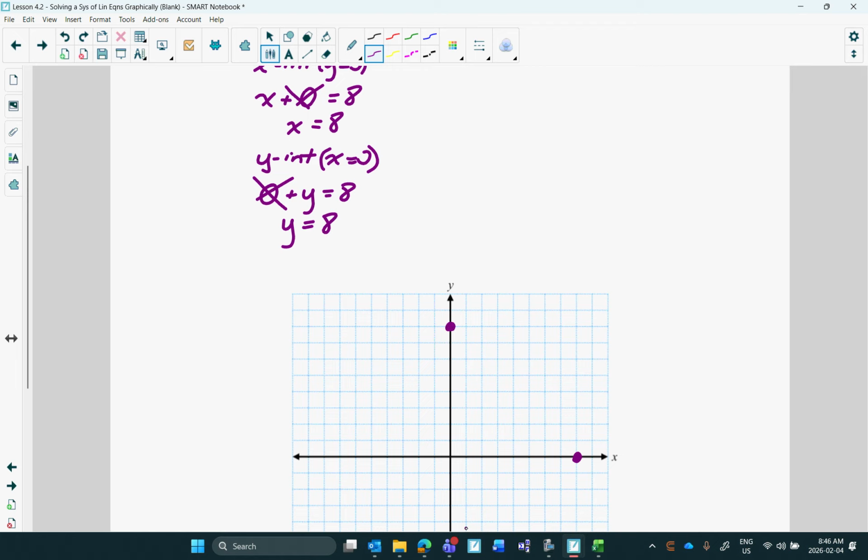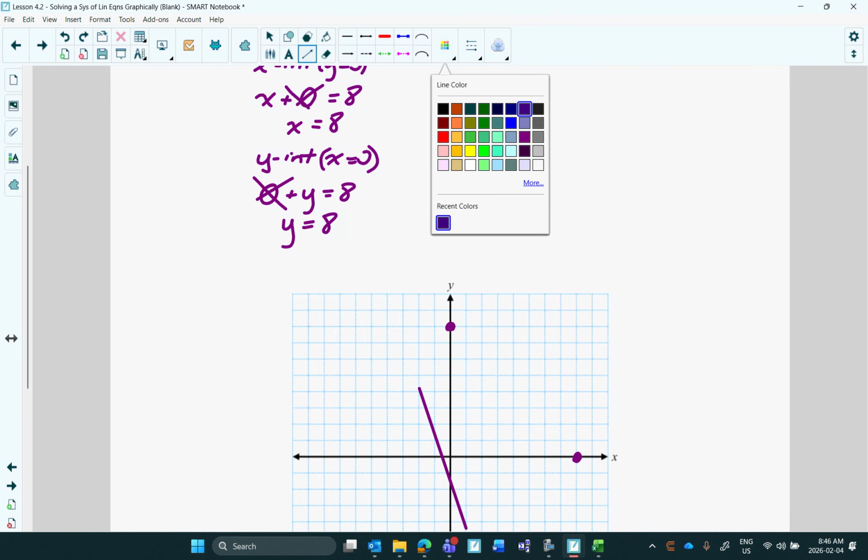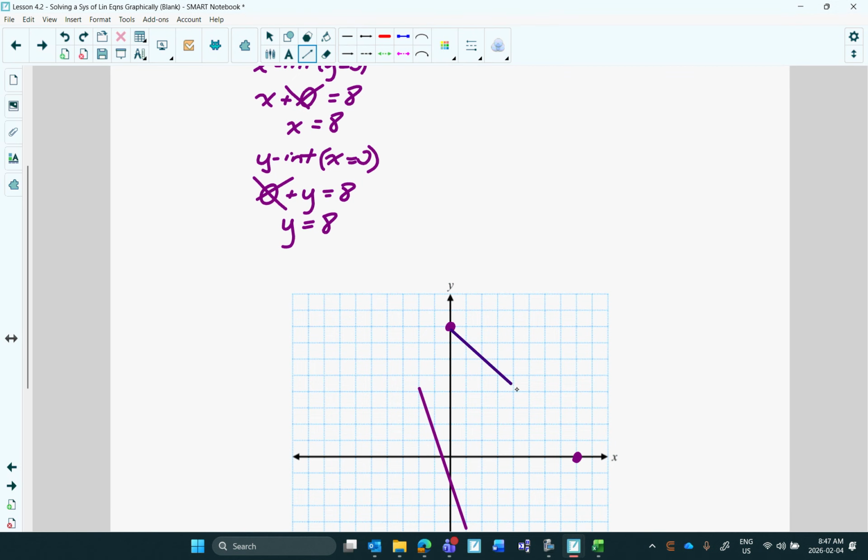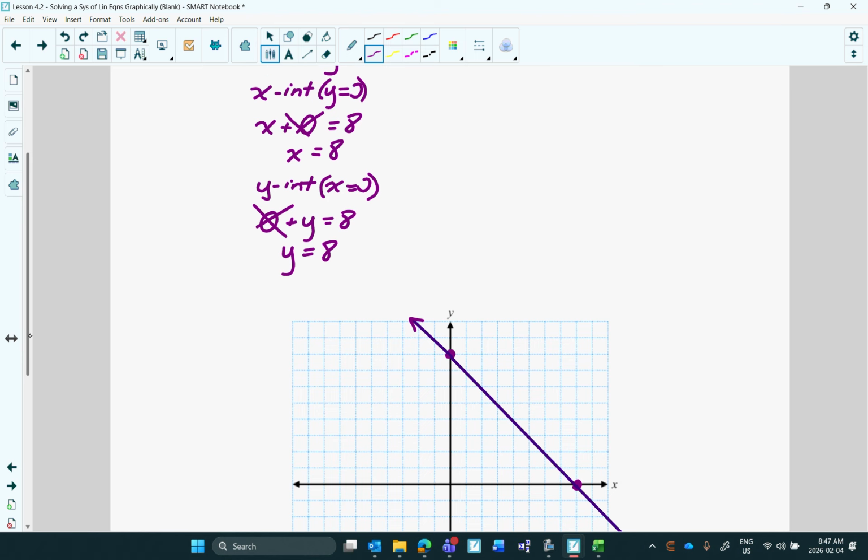Draw a line between those 2 points. Now we got to graph the other one.